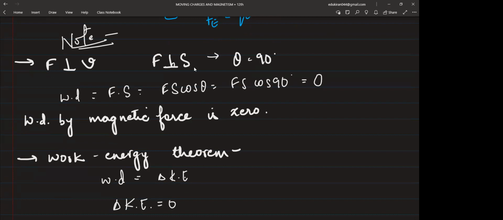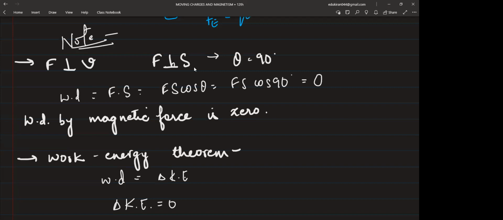So work done will straight away be 0. In the chapter work, energy and power in class 11th, you must have studied that this is 0 when you have a 90-degree angle.